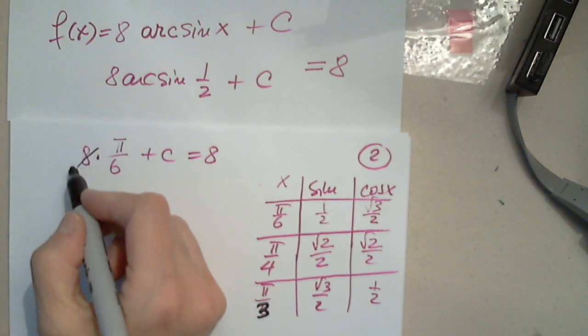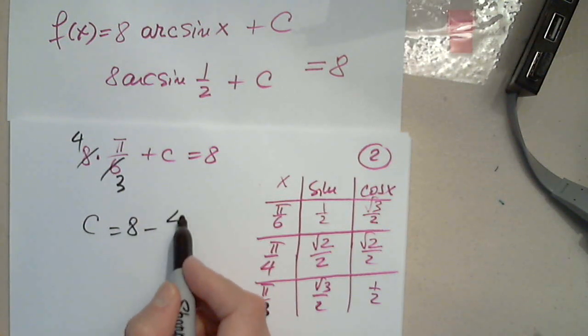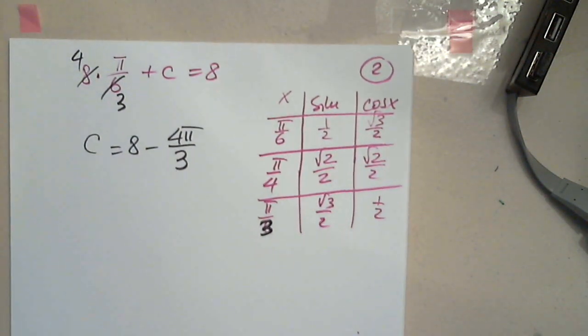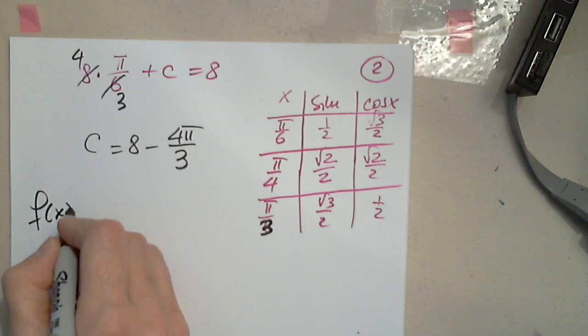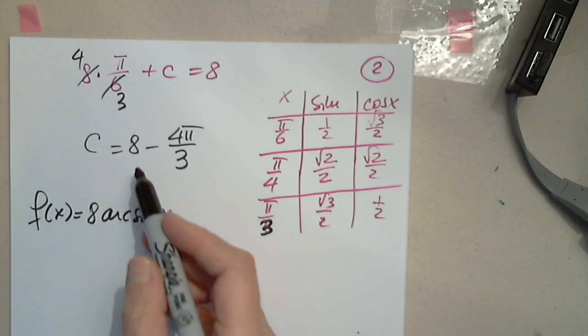So I will simplify by 2. So then c equals 8 minus 4 pi over 3. And now I have the function, which is 8 arcsine x plus this.